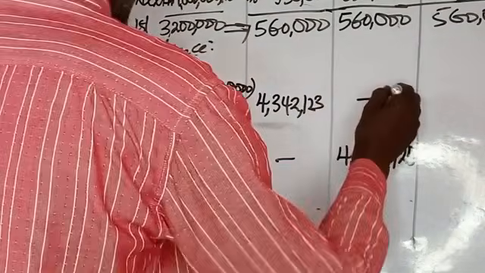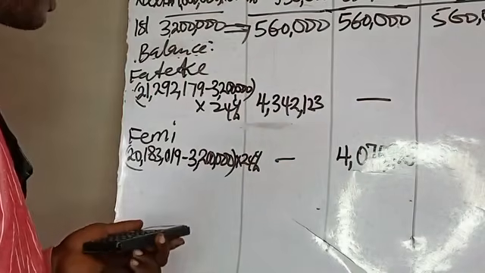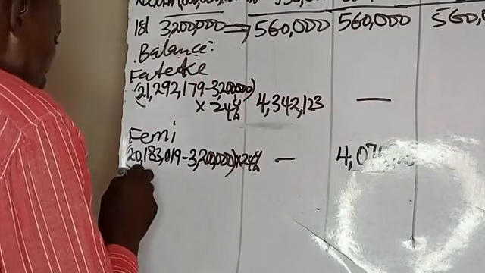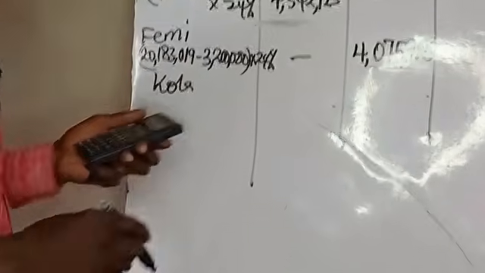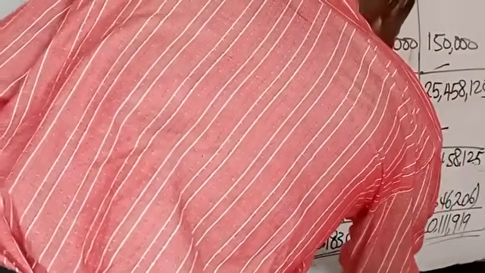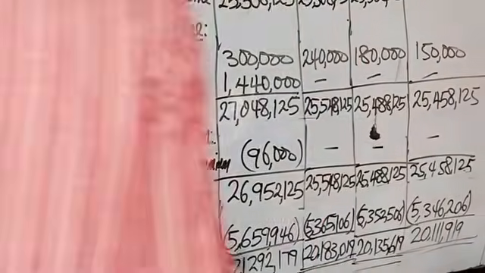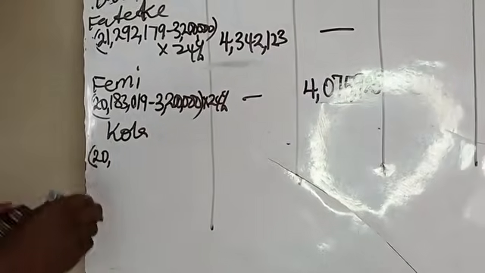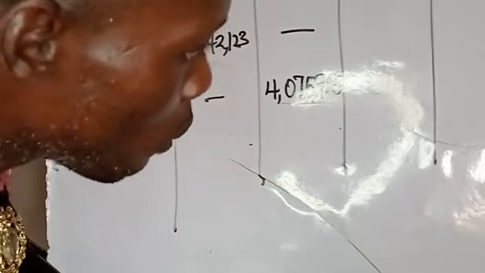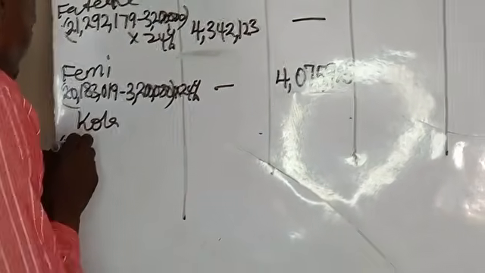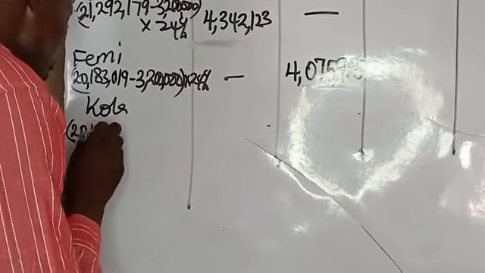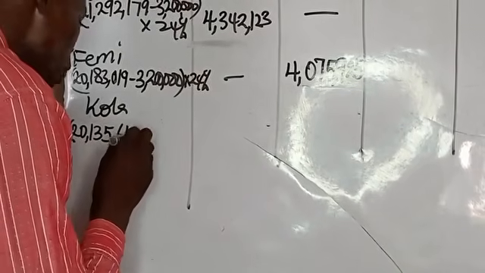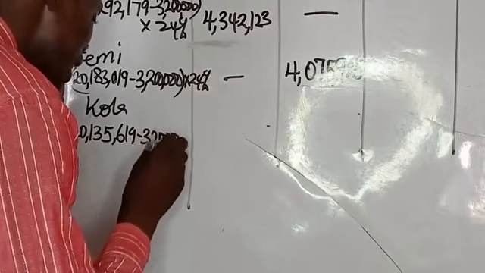For Kola, the chargeable income of Kola is 20,135,619 minus 3.2 million which has been taxed earlier.